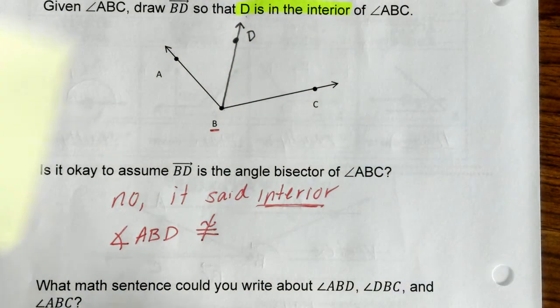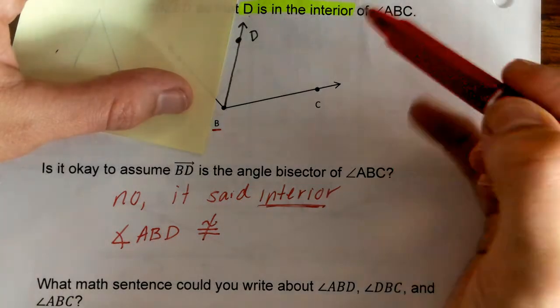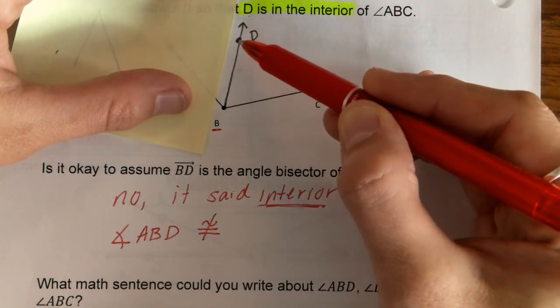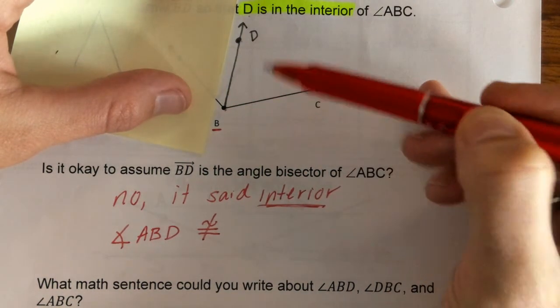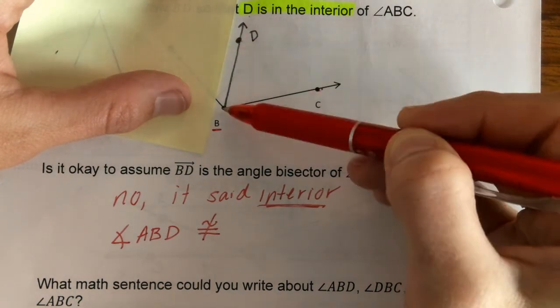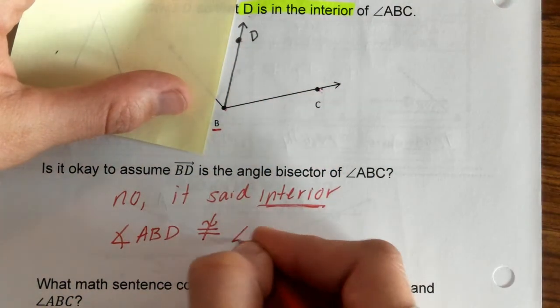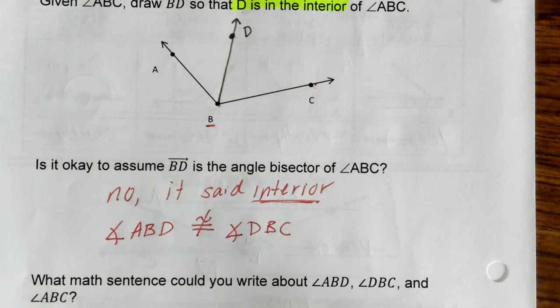Not congruent to what? Use your math words. Good. Angle D, B, C. Point, vertex, point. We're going to continue to use this exact angle for the next couple problems.